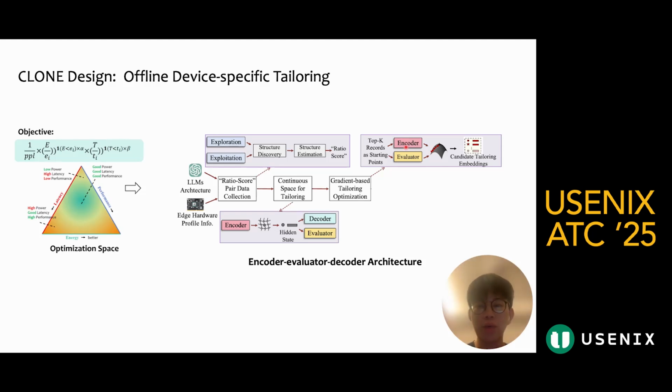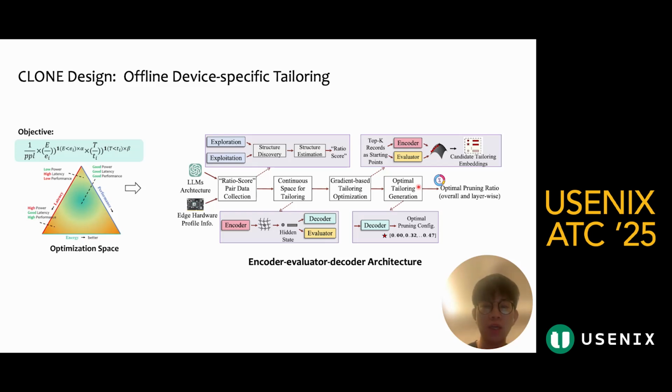And then we use a gradient-assisted process to identify the best pruning configuration embeddings in this space. Then we use the decoder to generate the layer-wise pruning ratios when being searched.